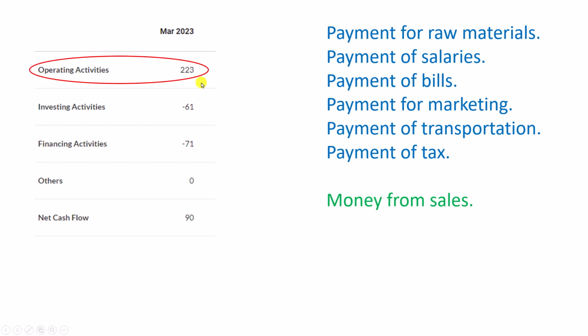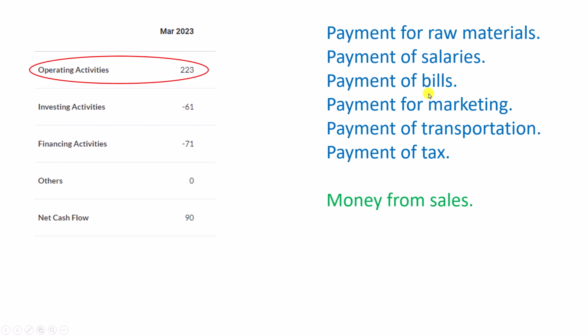What are the costs incurred in manufacturing the tractor? This company makes tractors, right? So what are the costs involved? First, they have to buy raw materials, and to buy raw materials they have to pay money. Then there will be workers in the company whose salaries or wages should be paid.